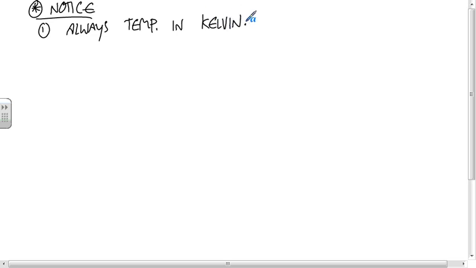In fact, anytime you have an equation in physics that doesn't talk about a difference in temperature, you're going to be using Kelvin because of the relationship between the Kelvin scale and absolute zero. Okay. And second, always use the absolute pressure. And let me tell you what that means.